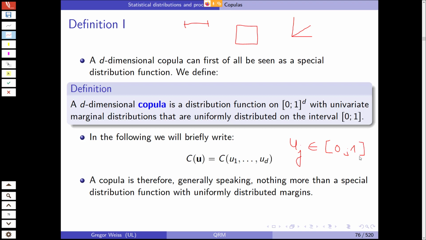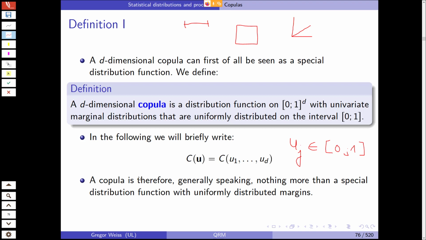What a copula actually does is it takes the marginal probabilities, which should be between 0 and 1, and it recombines them into one new joint probability. So a copula, generally speaking, is nothing more than a special distribution function with uniformly distributed margins.